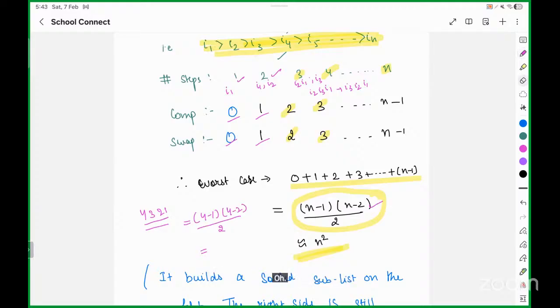Oh, sorry, it should not be n minus 2, my bad. It should be n minus 1 plus 1, which is n into n minus 1 by 2. So it will not be 4 minus 2, it will be 4, and this should be reduced to 2. So 3 into 2, which is 6, which we have found.